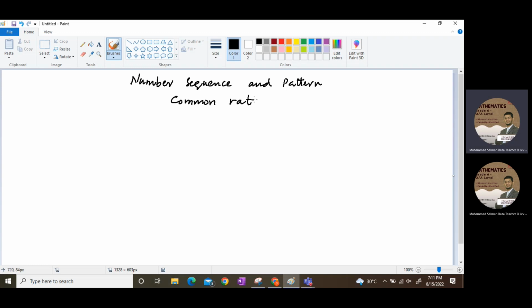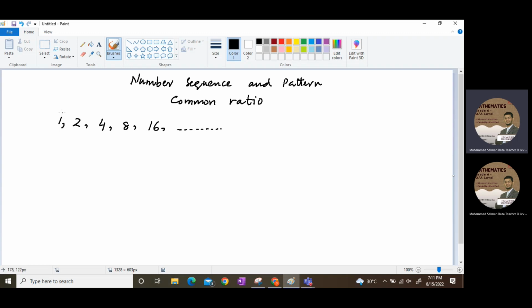Now, what is a common ratio? I am going to give you an example. Suppose the sequence is like this: 1, 2, 4, 8, 16, and so on. You need to find out how this sequence is created.